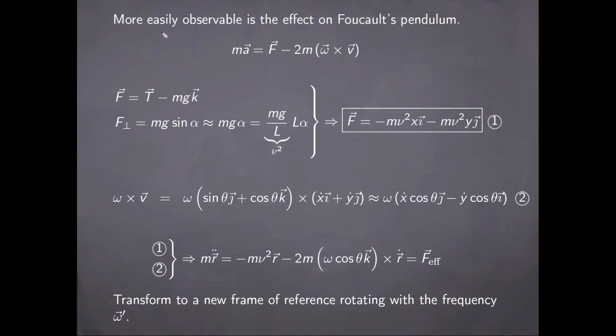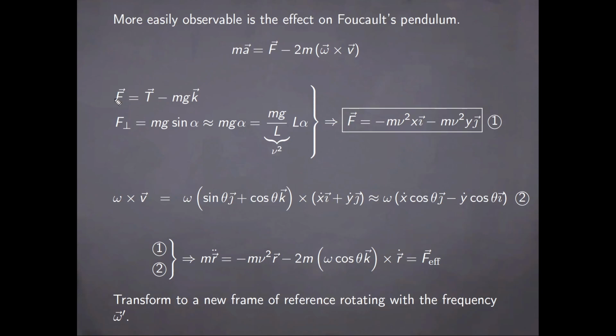An experiment that is easier to perform and has more readily observable effects is that of Foucault's pendulum. And we begin from the general form of Newton's second law for a rotating frame of reference, and we will consider that the system under study in a rotating frame is a simple pendulum.